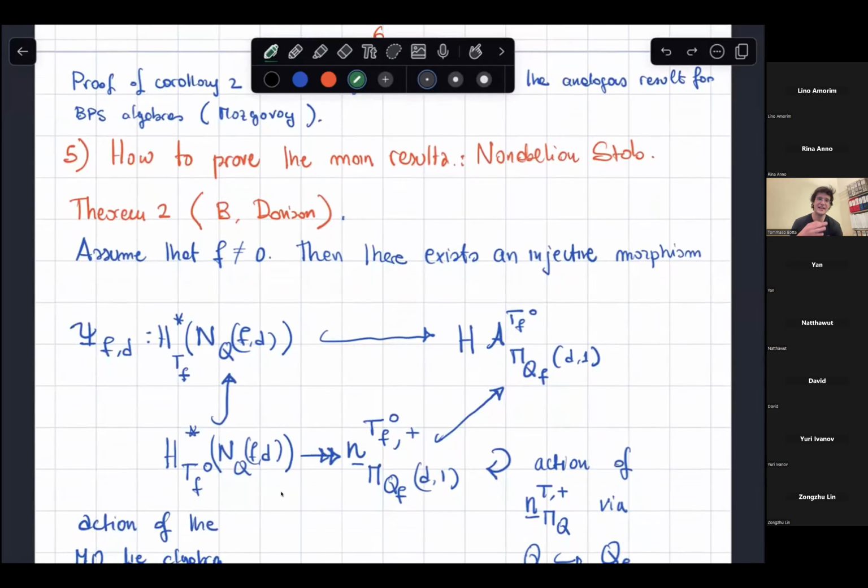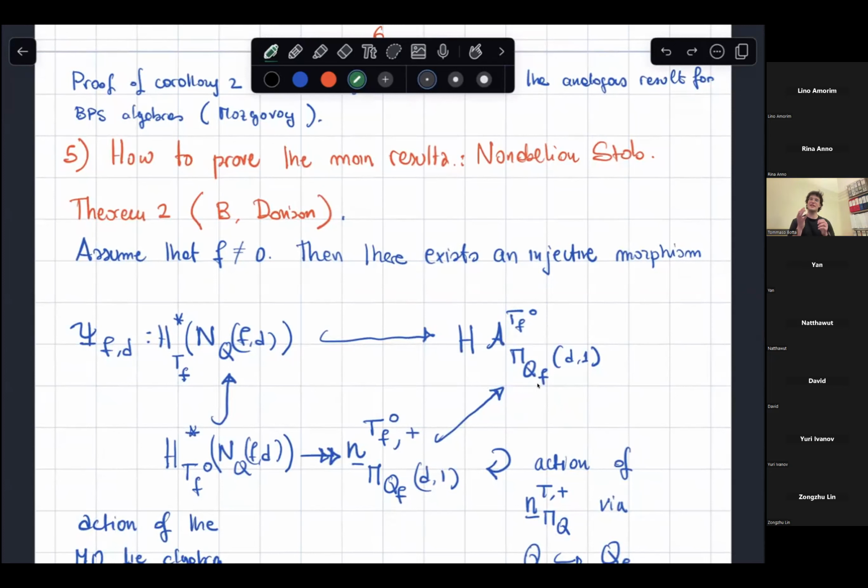Let's assume that our framing vector f is different from 0. Then the theorem says that there exists an injective morphism, which I call psi_fd, from the cohomology of my chosen quiver variety to the cohomological algebra for the framed quiver.